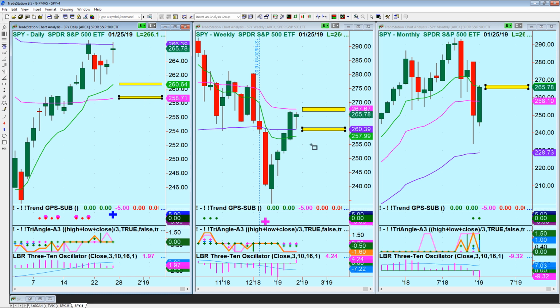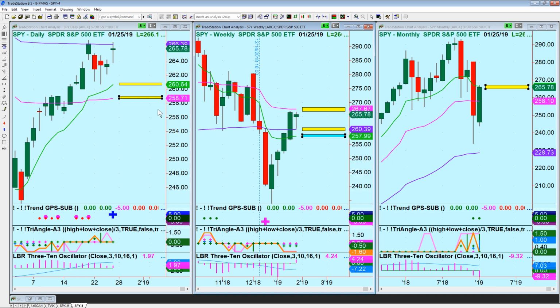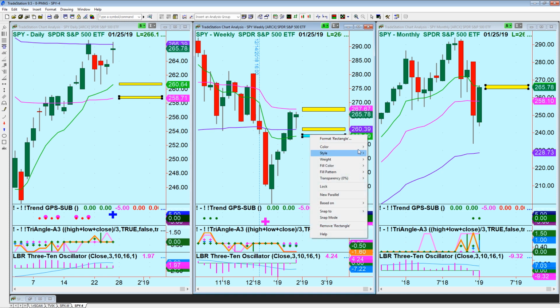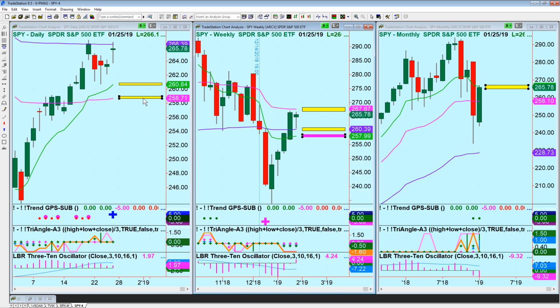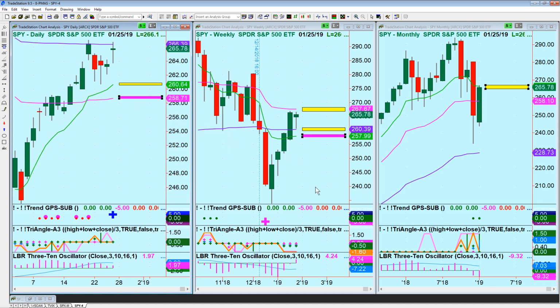Now let's look at the pink one. 258.71 is very close to the green line on the weekly chart. On the daily chart it's 258.71. On the weekly chart, it's 257.99. They're off by a little bit. Can we find a similar equivalent number on the monthly chart? Right here, 258.10.